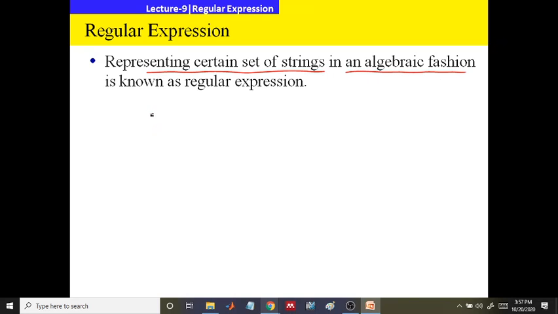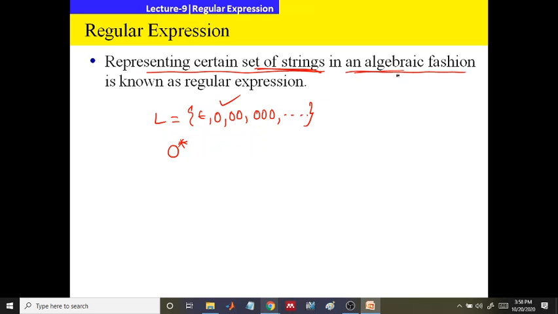Suppose you want to represent the language epsilon, 0, 00, 000, like any number of zeros. Then you can simply write 0 star, which represents all these strings algebraically.